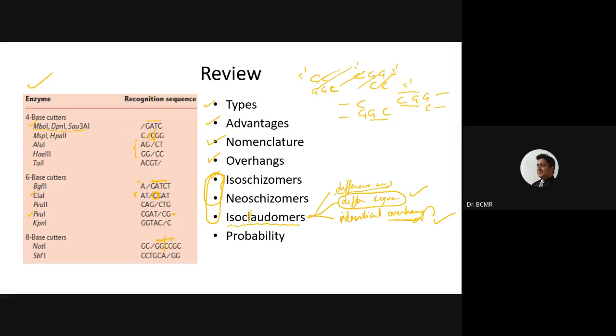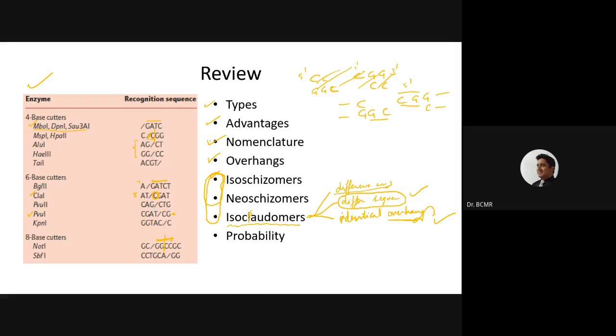GGCC is the overhang. Is there? I don't see any other sequence that can produce that here. No, that's about it. I think that's only the one, ClaI.